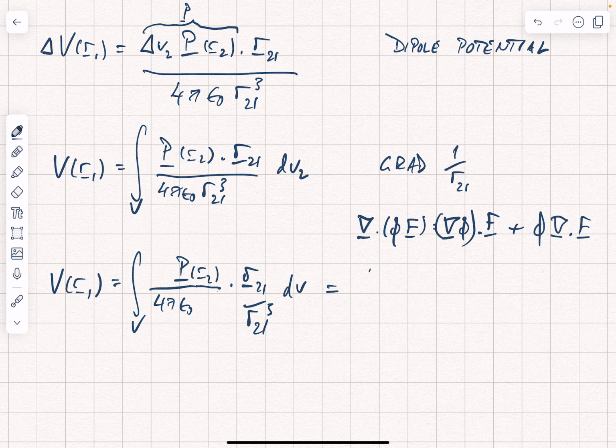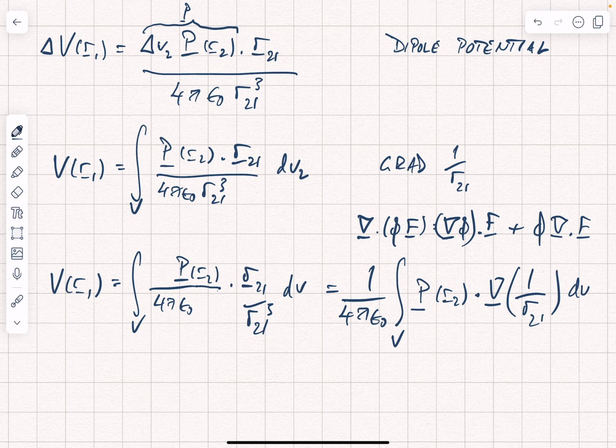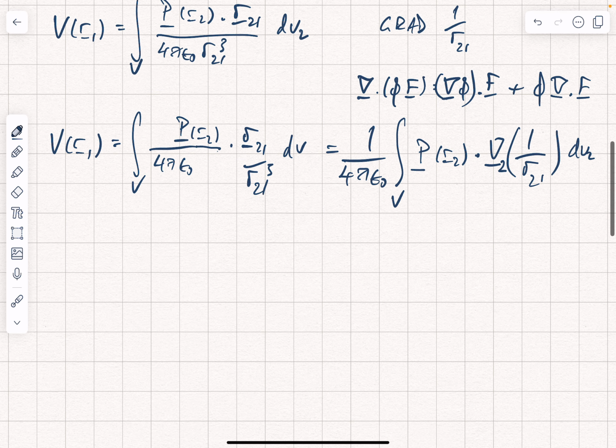And that is just, okay, let's pull the 1 over 4 pi epsilon naught outside. Volume integral of P at R2 dotted with the gradient of 1 over R21 dv2. And that's the gradient with respect to R2.